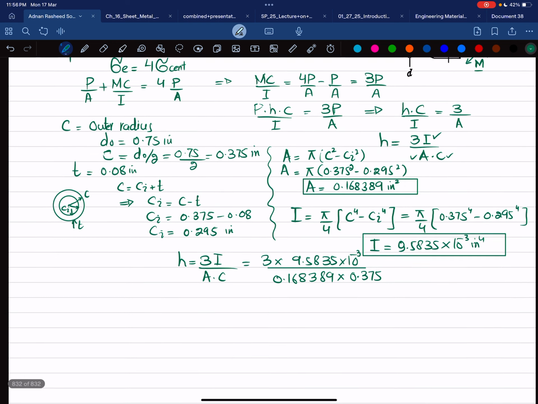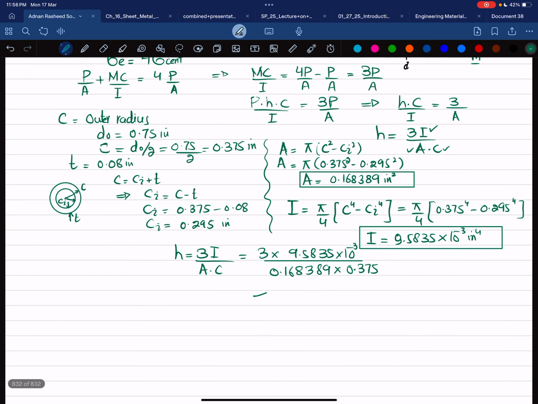When you solve this, you will get this offset distance H as 0.455 inch.